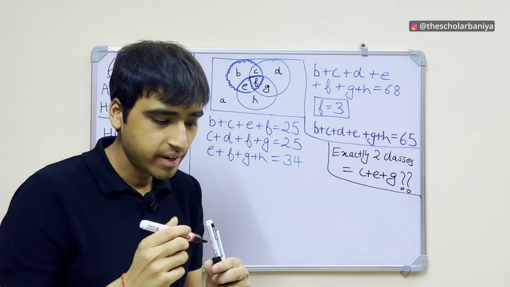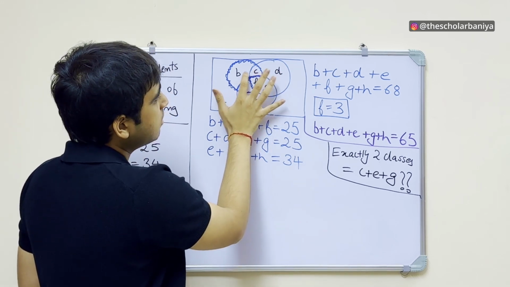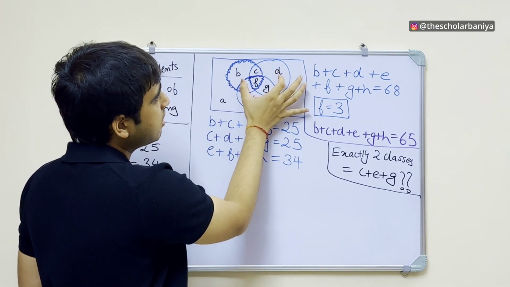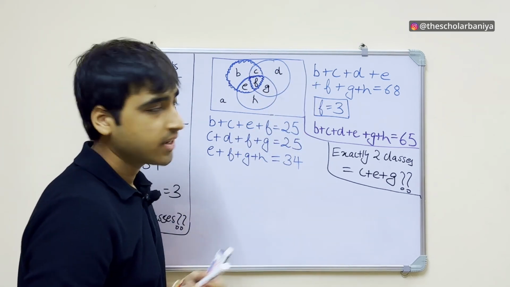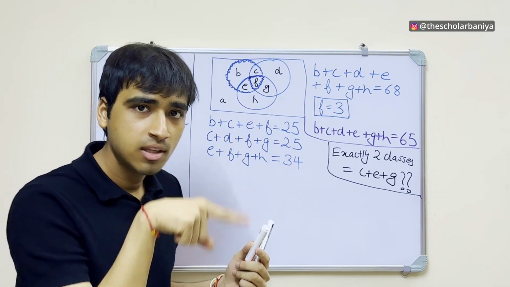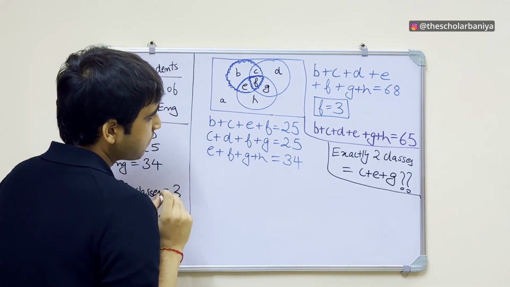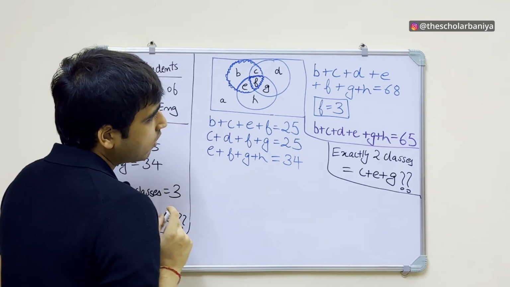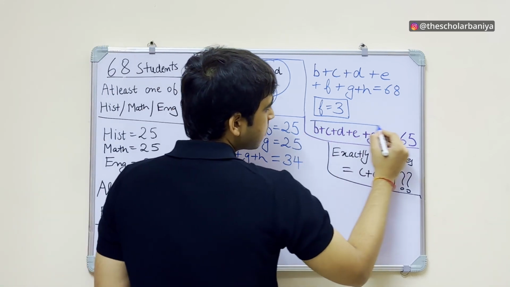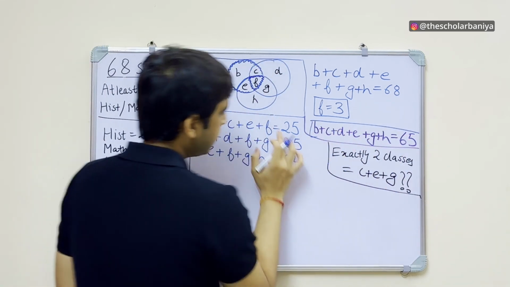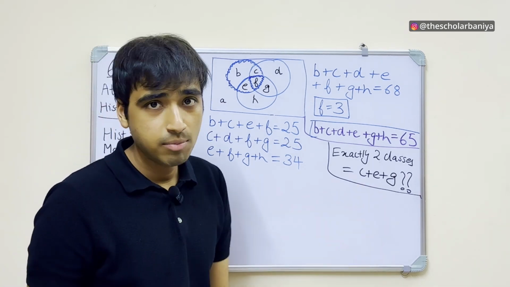I hope this should be very clear, because 2 classes means the common between these 2 circles, and the common between these 2 circles, and the common between these 2 circles, right? And F is common between all the 3 circles, right? Okay. Now, we know this thing. One equation is this, right? And we have these 3 equations, and we have to find out C plus E plus G.